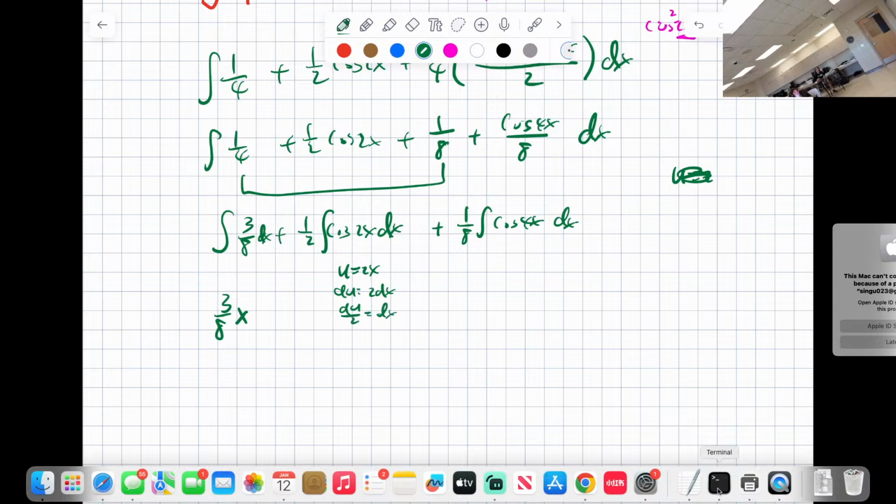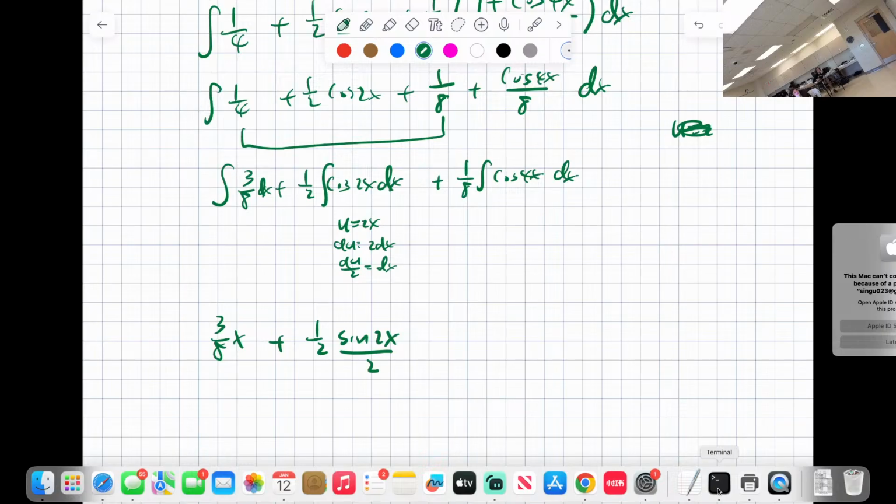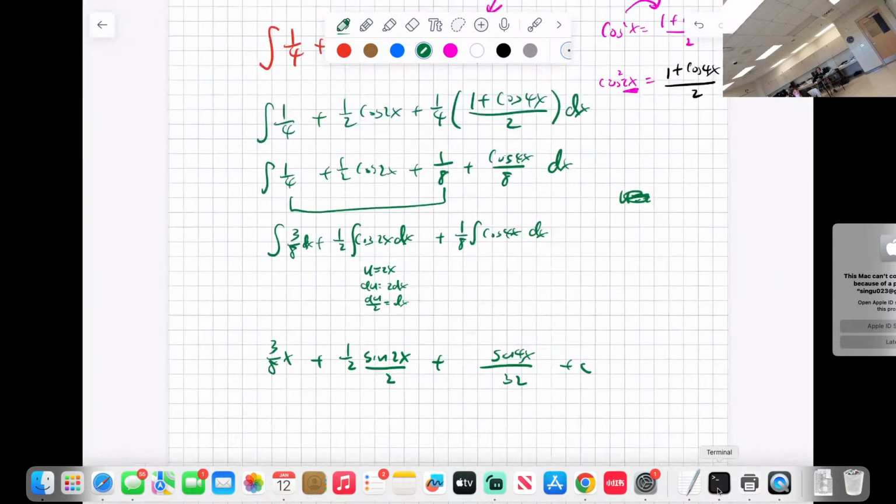So this is going to be 3/8 x plus 1/2 sine of 2x over 2, which is 1 over 4, plus sine of 4x over 32, plus C. It's just a lot of math.